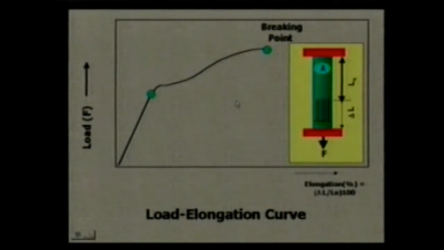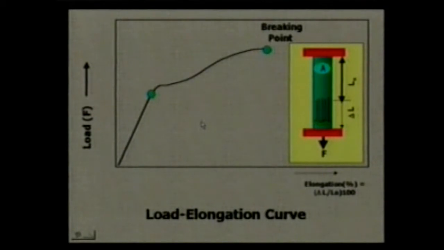Now, let us take another look at this curve and try to describe some of the important information that this curve reveals. And I need to stress that because just about every textile mill has an Instron or Tensorapid or TensoJet, and all of these testers can provide you with a load elongation or some form of load elongation behavior. And quite often you get the load elongation curve.